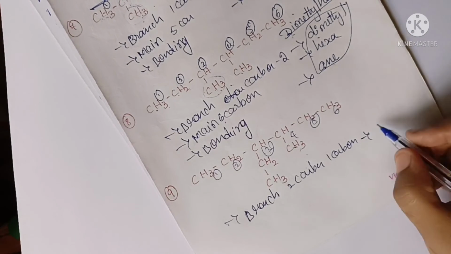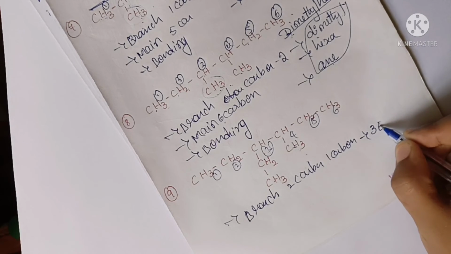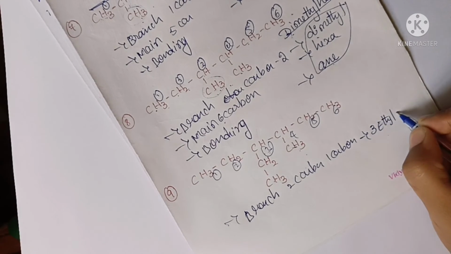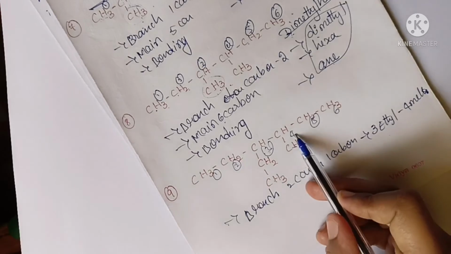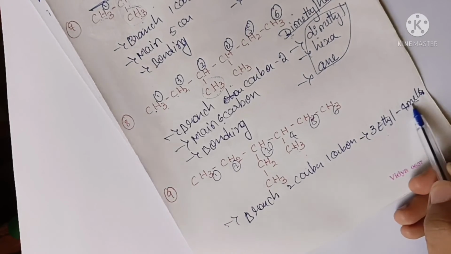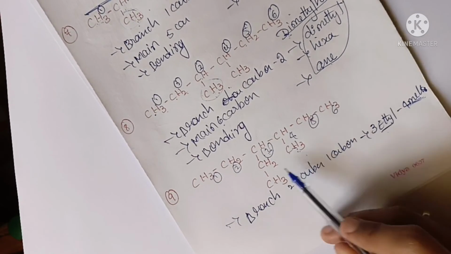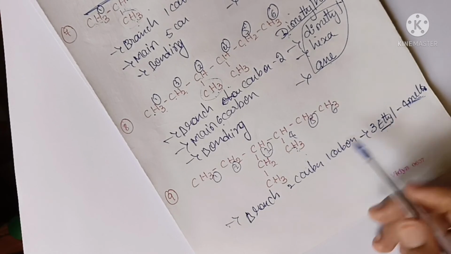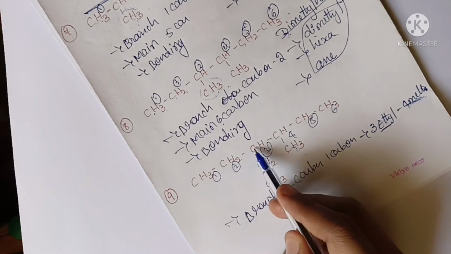So we are going to call it 3-ethyl and 4-methyl. Methyl means single carbon, so 4-methyl, and 3-ethyl, since two carbons means ethyl. And the next one: 1, 2, 3, 4, 5, 6.